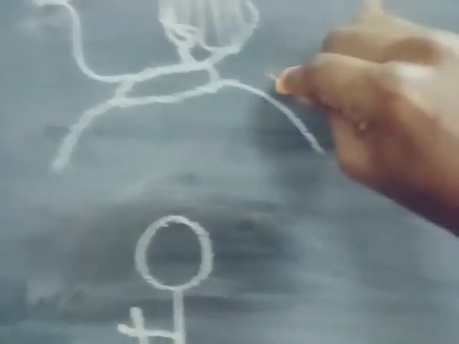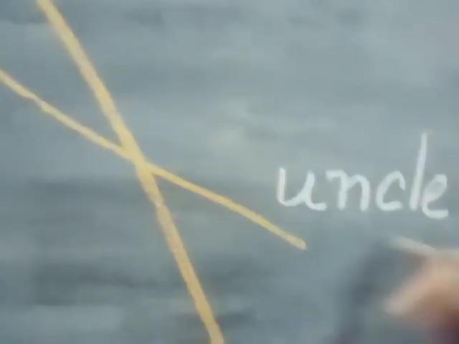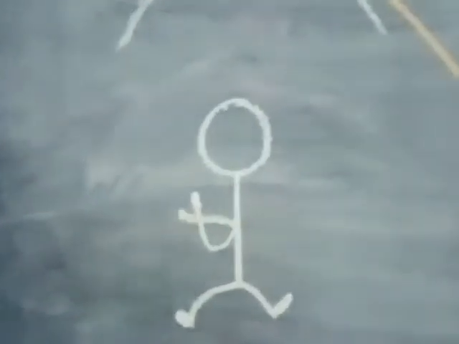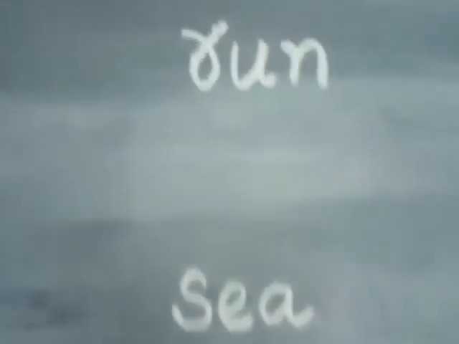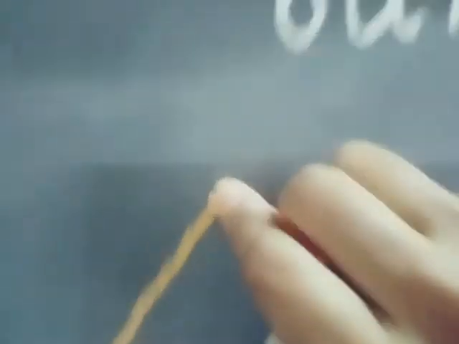Yes, an uncle. So find out the word uncle. Yes, it's uncle. Okay. Next, run. So can you find the word run? It's here. Run. Very good. Go and match the word run. Okay.